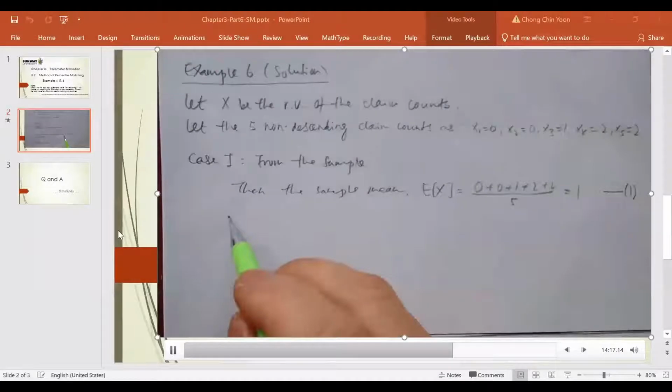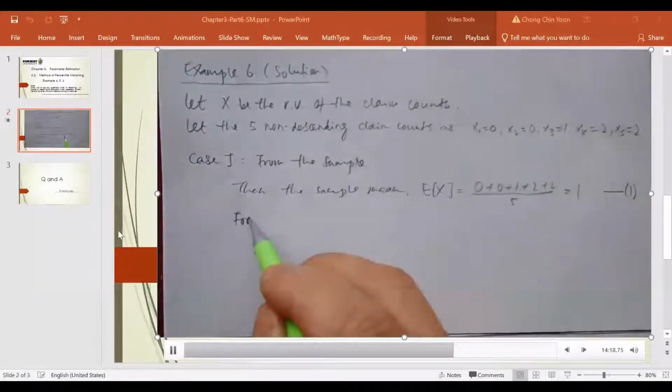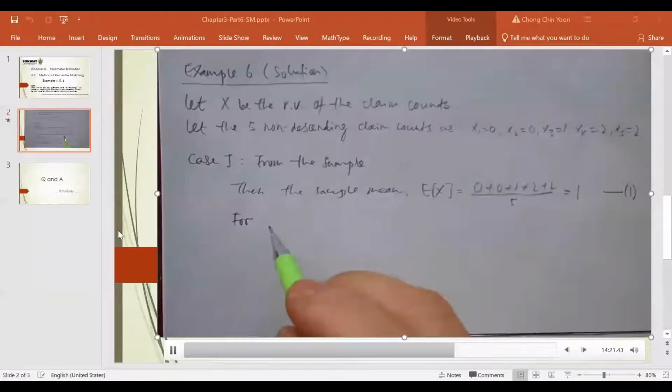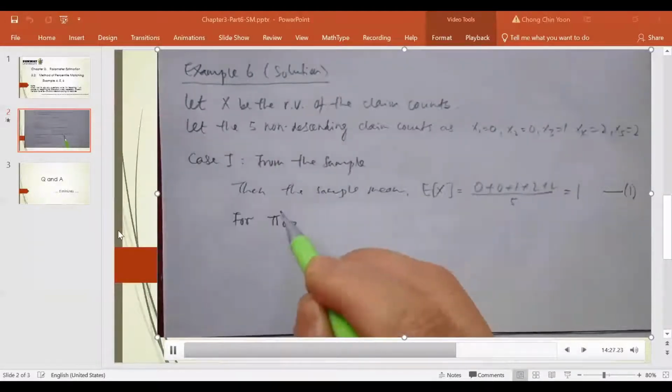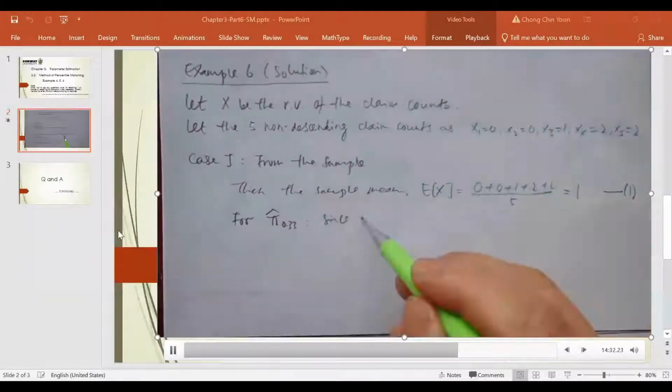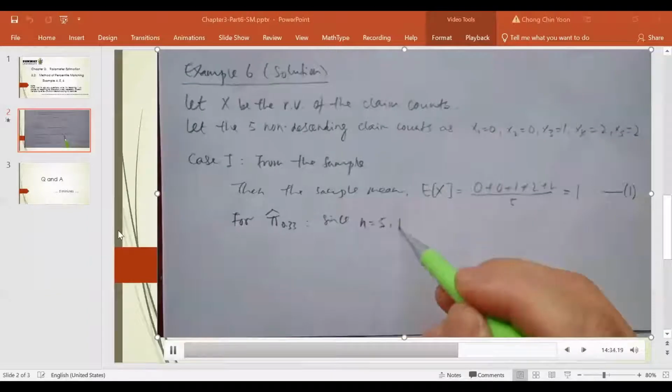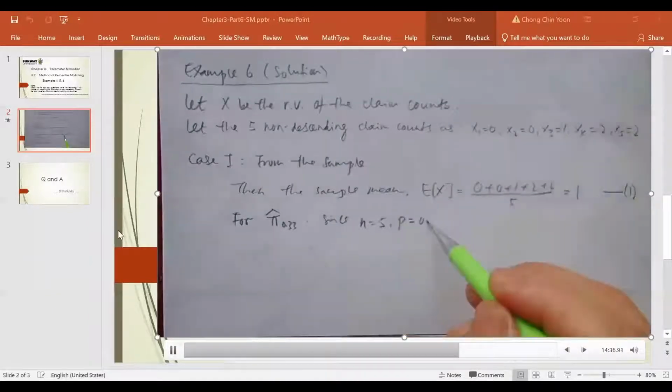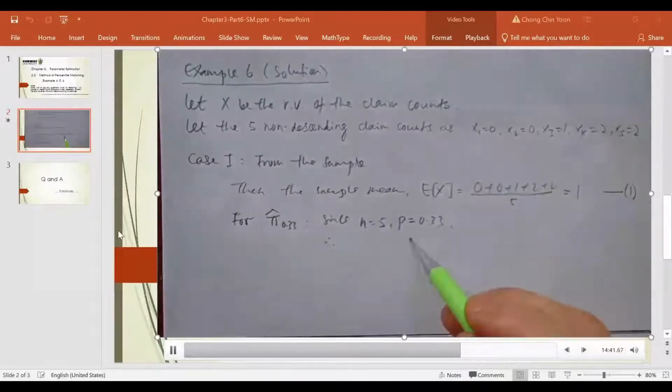Now for the estimate of the 33rd percentile, that is pi 0.33 hat. Since the probability is 0.33, this p multiplied by n plus 1 is bounded between m and m plus 1.